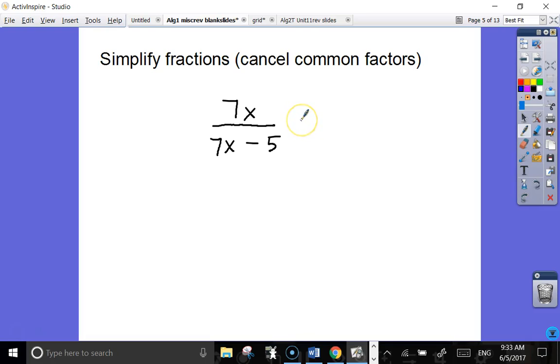No, not for that reason. Remember, when is it you cancel? When they're common factors. It would have to be that in the numerator, or denominator, it was 7x times something. Then you could cancel it. It's actually just another term. So you just have to say can't be simplified, right? Can't be simplified.